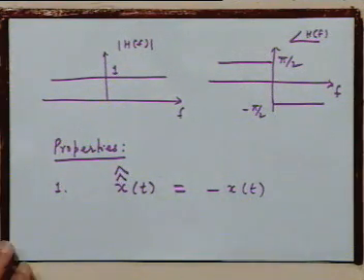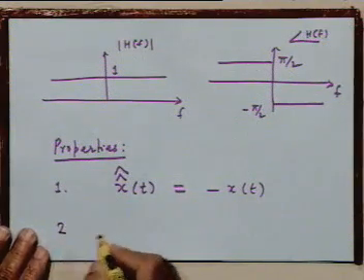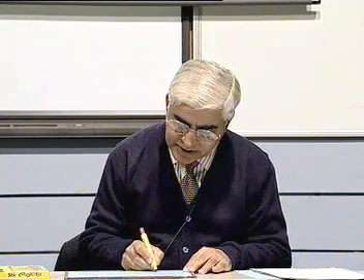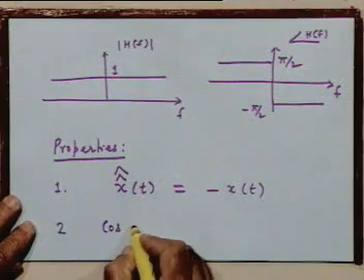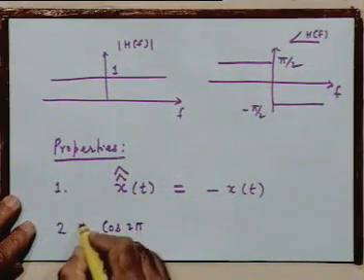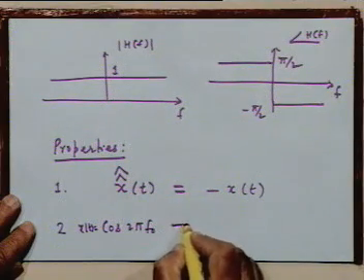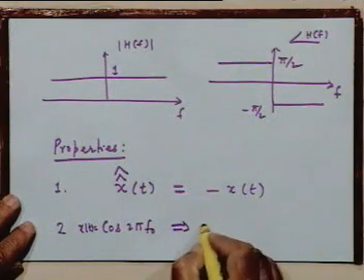The first property is that the Hilbert transform of the Hilbert transform of x t is minus x t. So carry out the Hilbert transformation twice, you get the same signal back except for a change in sign. Now, of course, let's look at some special cases. Suppose I have a very simple signal, x of t equal to cosine 2 pi f naught t. What is the Hilbert transform for this?